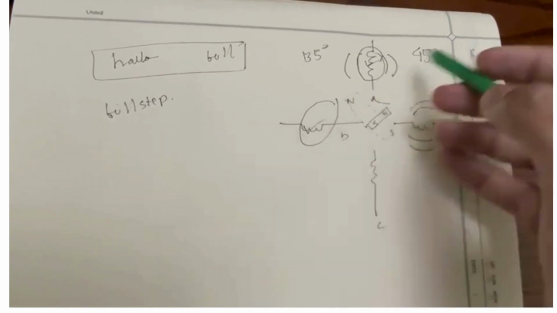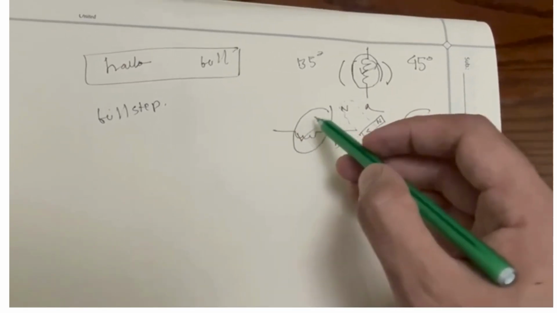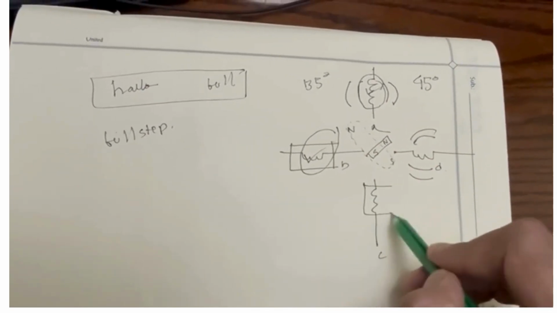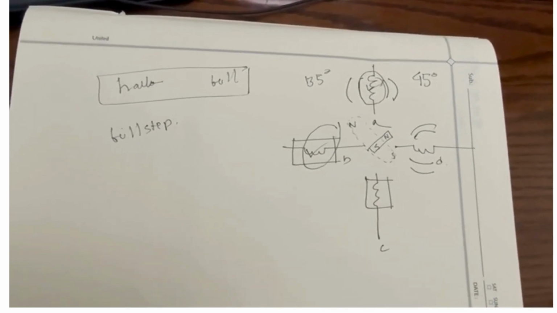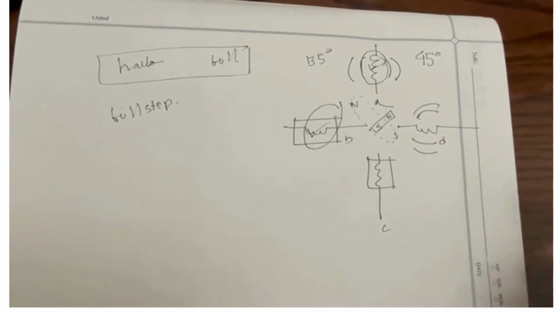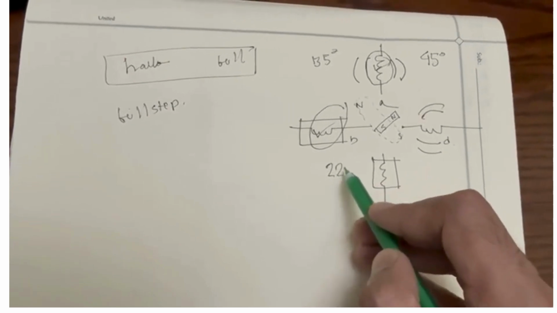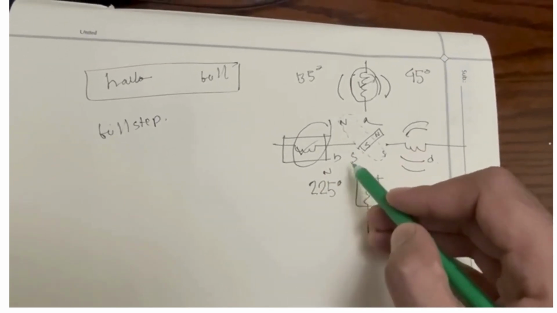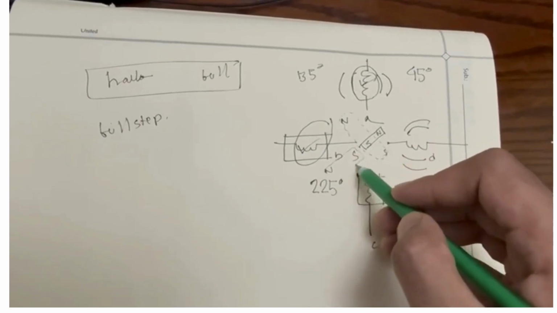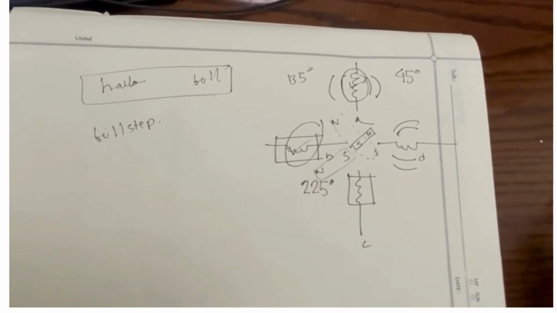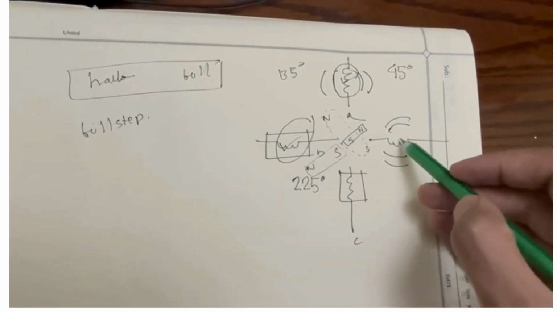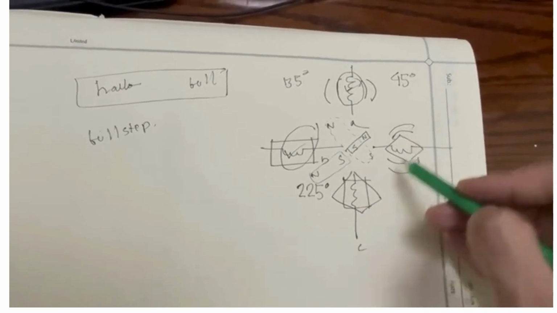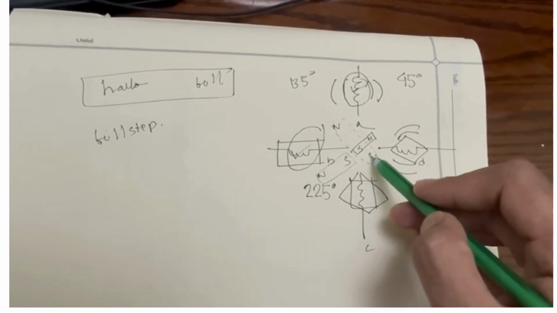And when I turn on this coil and this coil, then the angle becomes 225 degrees. The North Pole goes over here and the South Pole goes over here. Again, when I turn on this coil and this coil, the North Pole goes over here and the South Pole goes over this side.